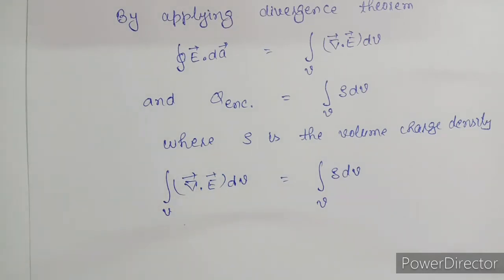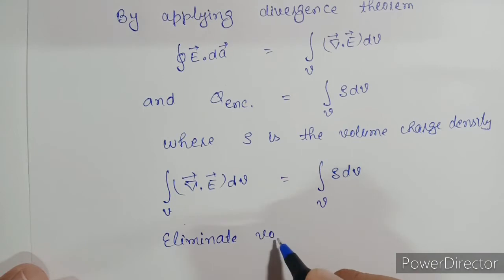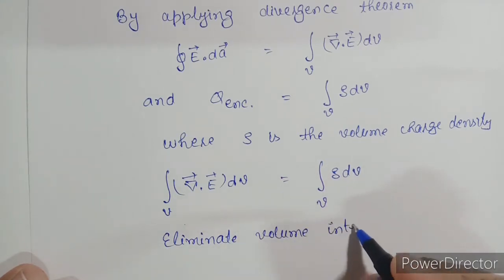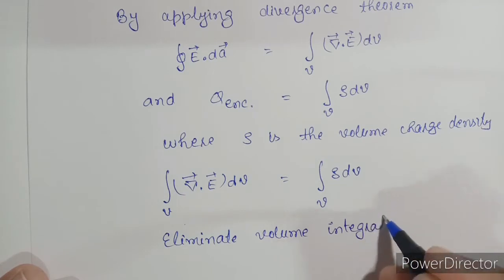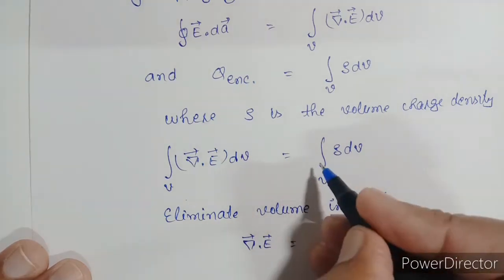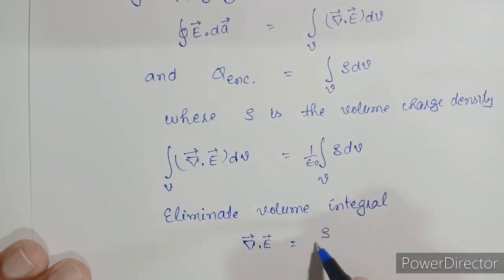Now we will eliminate the volume integral, and then we get del dot E is equal to, definitely, since we have 1 over epsilon naught, rho over epsilon naught.